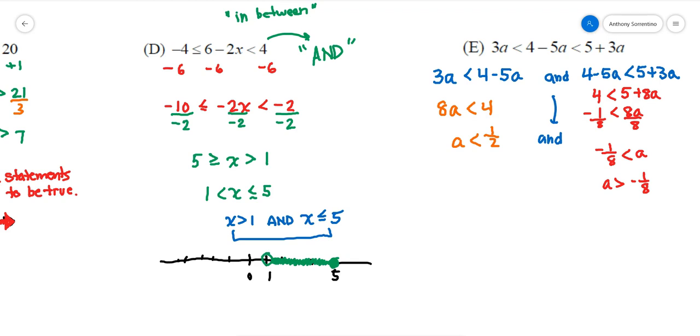I just want to make sure I know what's going on as far as this AND statement goes. I want to be more than negative 1/8, but I want to be less than 1/2. So that means I can rewrite this essentially as a being more than negative 1/8, but less than 1/2, as far as writing it as a compound inequality.